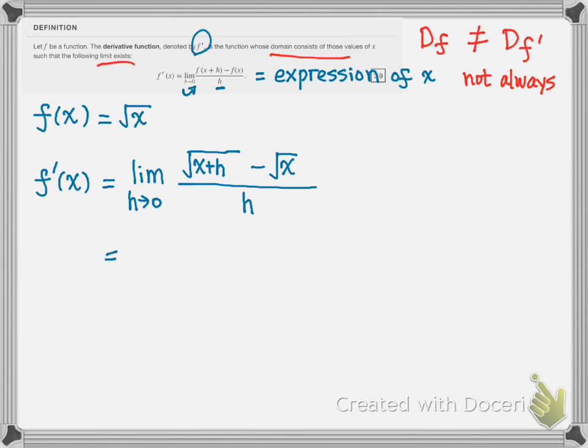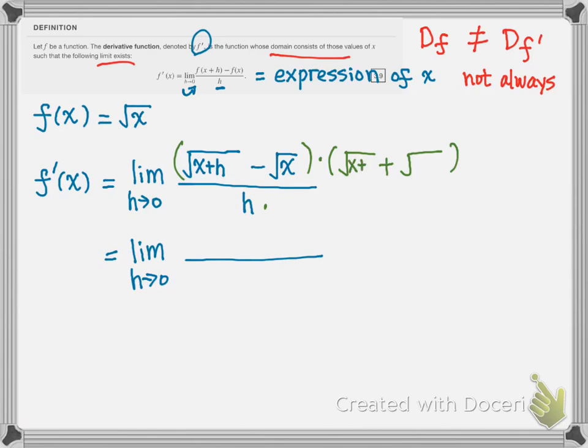And the answer, how do we find the answer? Well, direct substitution gives you a 0 in the denominator. So we need to multiply the top and bottom by the conjugate. And what is a conjugate? Well, it's both square roots, but the connecting sign is a plus instead of a minus.